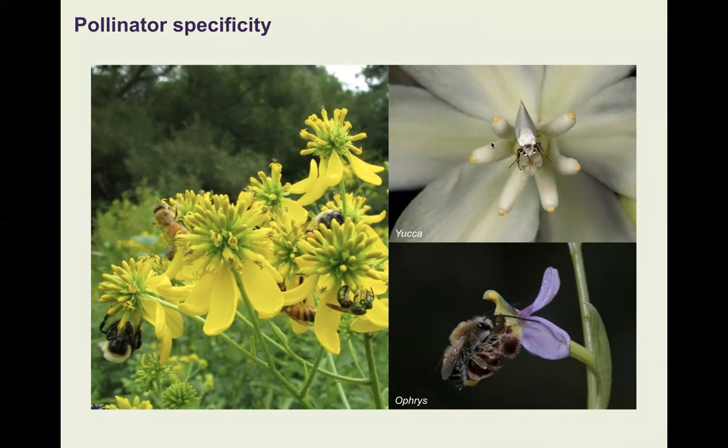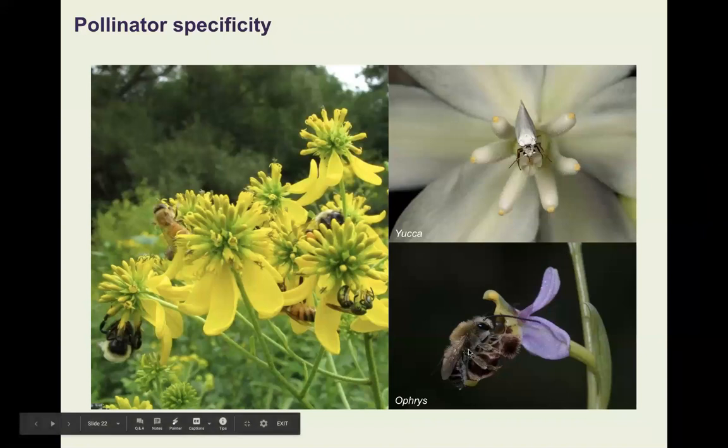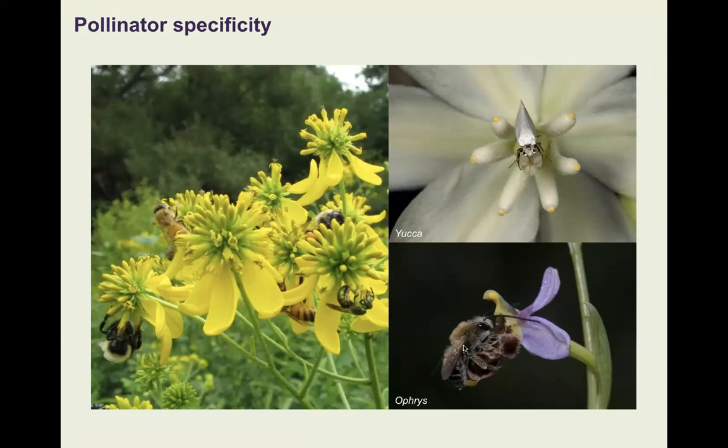This is a moth that has its reproductive life cycle tied in with the reproduction of this plant. This is a rather specific relationship where a bee is tricked using chemical pheromones into visiting a flower that looks like a female, and it goes and tries to mate with it and gets pollen. So a very specific relationship. This plant is relying on this one animal species to do the visiting and the pollen transport.